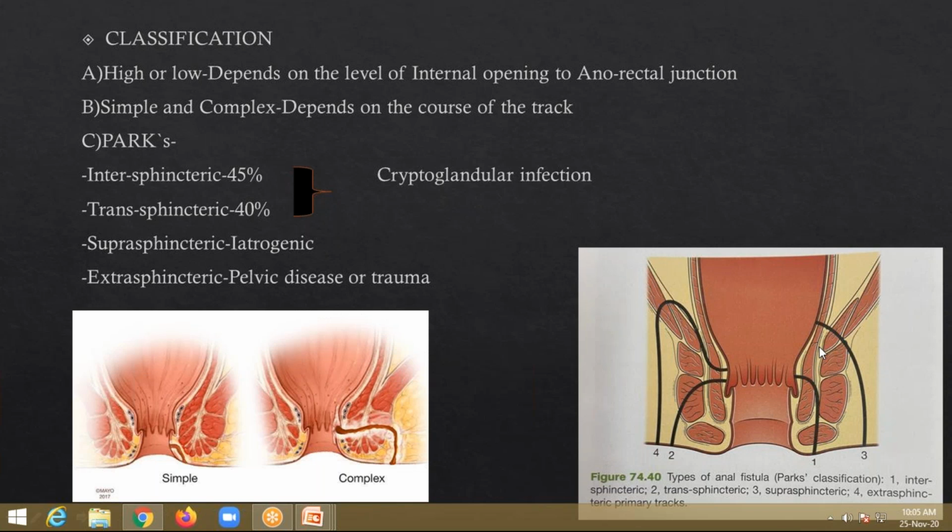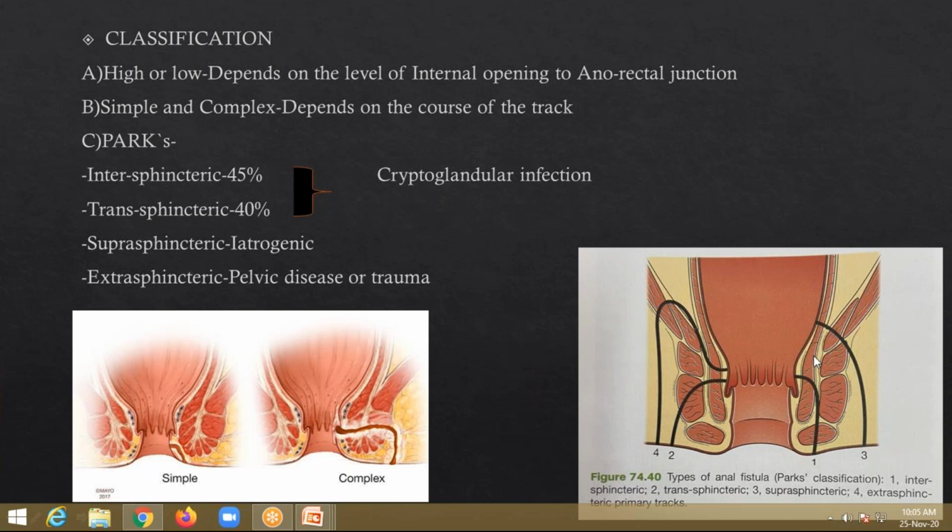A secondary tract goes here and it may form high in the supralevator region, or form an abscess, or this abscess or secondary tract may go and join into the rectum to form another secondary internal opening. So there will be a primary opening and a secondary internal opening at the rectum. Secondary tracts may also come from the primary tract. Okay, that is the intersphincteric fistula.